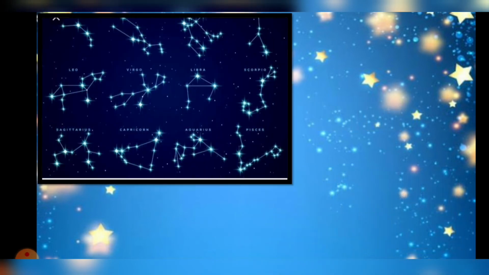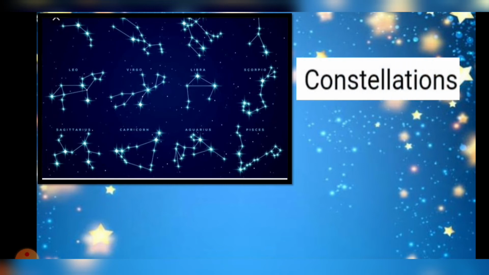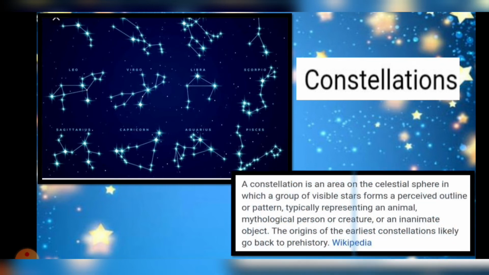Next we will talk about constellations. So here you can see different patterns of the stars. So these patterns which the stars create or make, they are known as constellation. You can see the constellation's name is also given: Leo, Virgo, Libra, Scorpio, Sagittarius, Capricorn, Aquarius and Pisces. Okay, so now what is a constellation? A constellation is an area of the celestial sphere in which a group of visible stars forms a perceived outline or pattern.